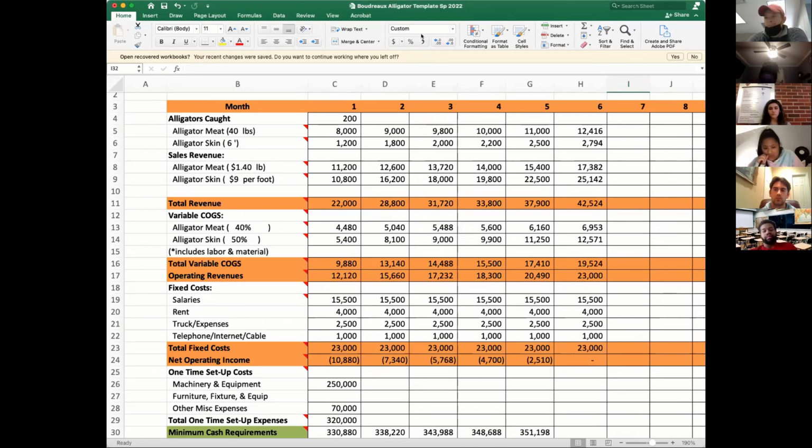You're going to have losses up to the 6 months, but the real loss is you won't be able to pay yourself. It won't be any money out of pocket. But in this case with Boudreaux, if he doesn't get this full amount, this 351,198, he can't start the business.